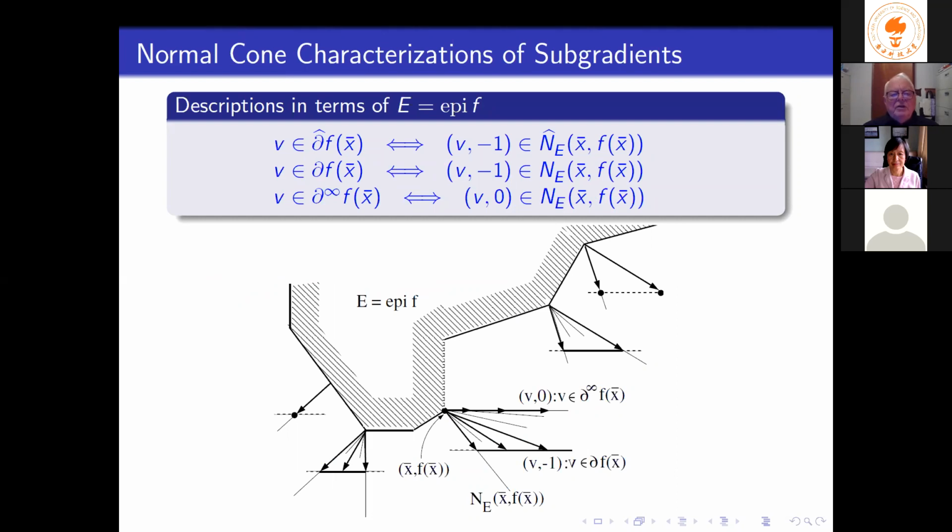So for simplicity, if we denote the epigraph by E, then the regular subgradients are obtained from the regular normal cone to the epigraph, the general subgradients from the general cone, and then the horizon subgradients from this formula.